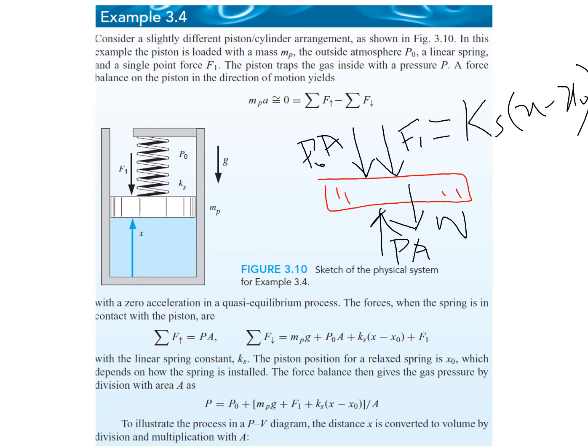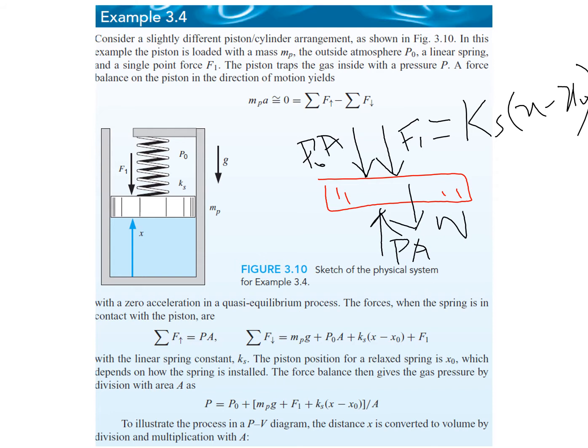Springs do not apply force when they are uncompressed. So if we have a spring whose initial length was 1 meter and we compress it to 0.8 meter, the force will depend upon 1 meter minus 0.8 meter, a 0.2 meter difference. It was just an example.